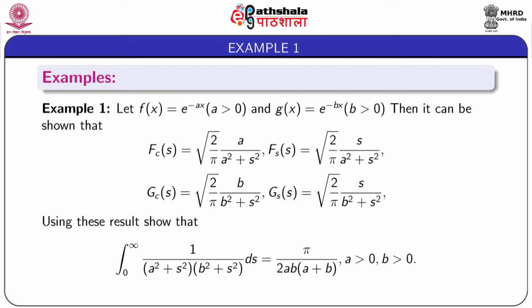Now, using this result, we shall show that the integral from 0 to infinity of ds by (a square plus s square) into (b square plus s square) is equal to pi by 2ab into (a plus b), where a is positive and b is positive.